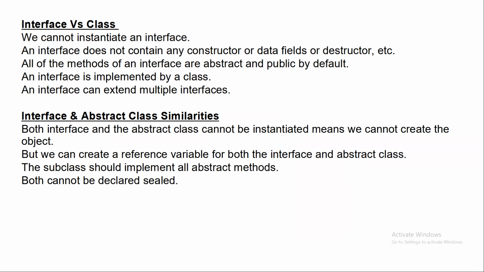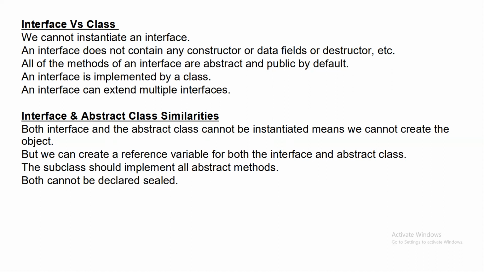It only contains the methods. By default all the methods should be public, because that's how you can inherit that method in the derived class. And an interface can be implemented by a class, because if you want to start using that interface, you have to inherit it in a class.